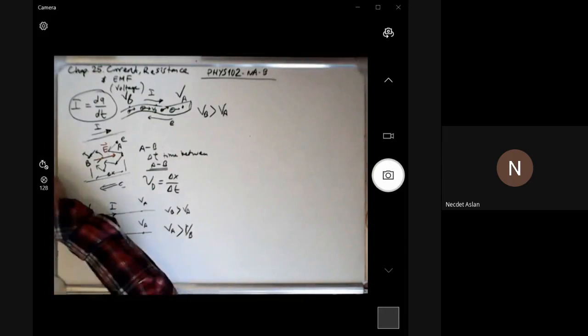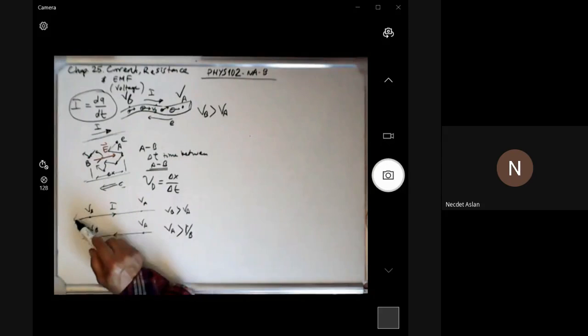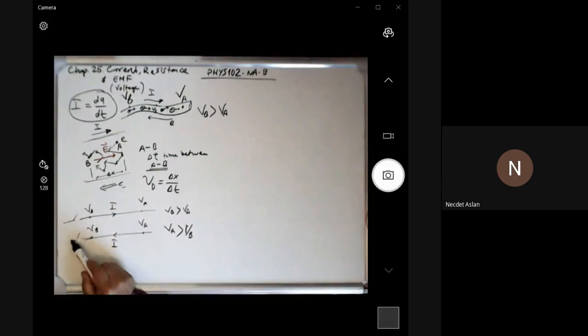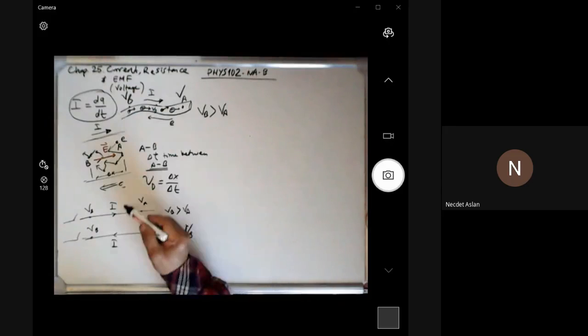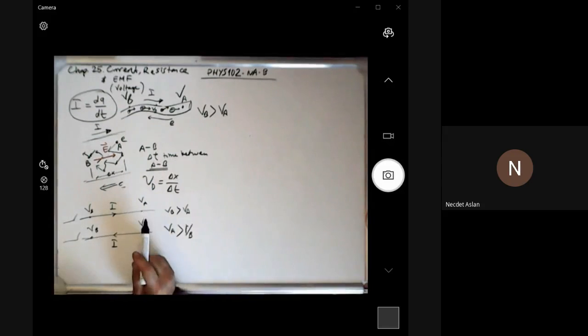Drift velocity is not really very fast, although the current seems to start instantaneously as soon as you turn on the switch, suppose there is a switch here. But the drift velocity is not very high.